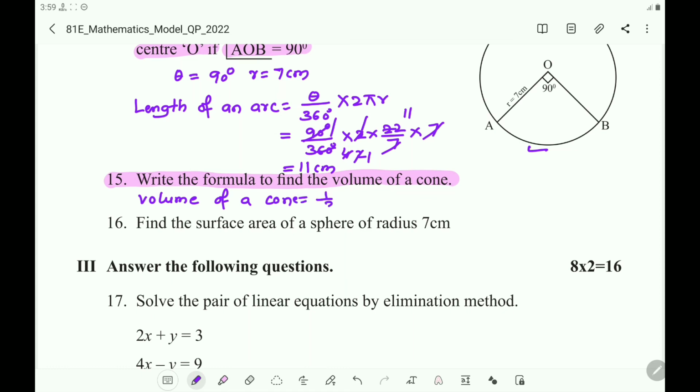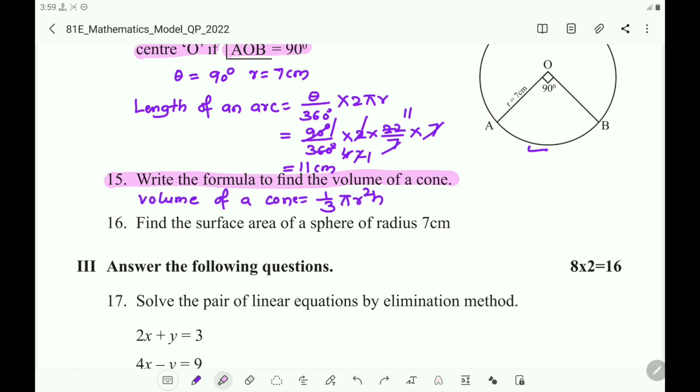Volume of a cone equals 1 by 3 pi r square h. You know, pi r square h is the volume of the cylinder, and the volume of the cone is 1 by 3 the volume of the cylinder. So volume of a cone equals 1 by 3 pi r square h.